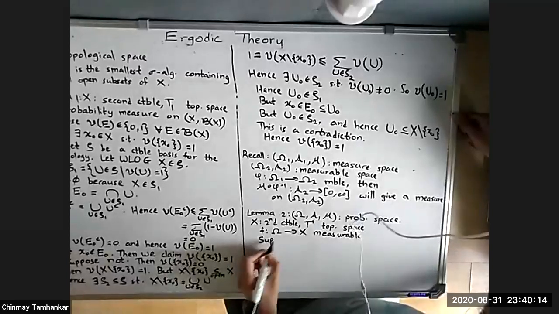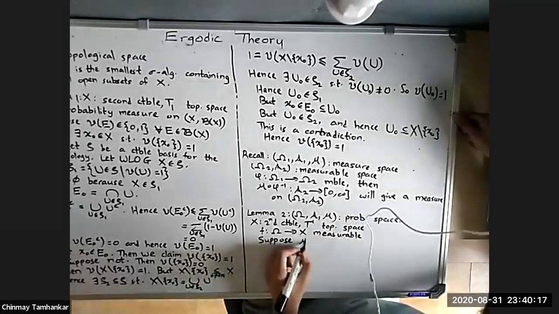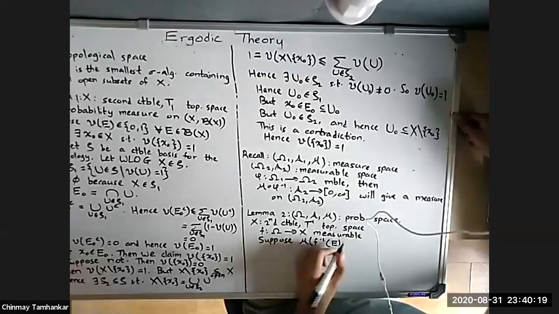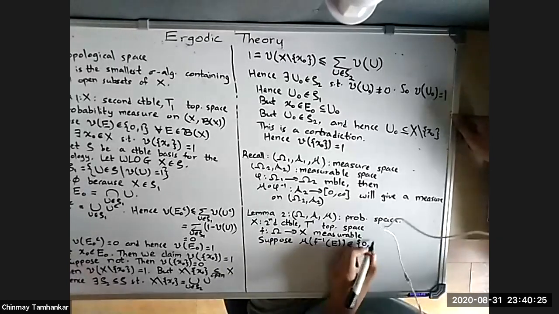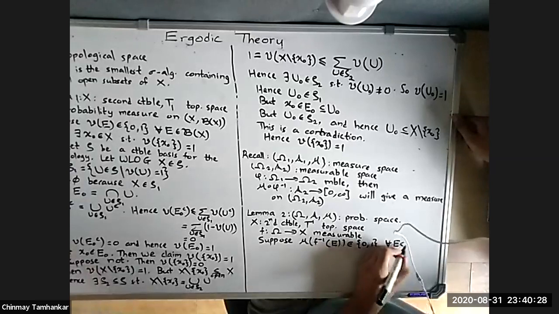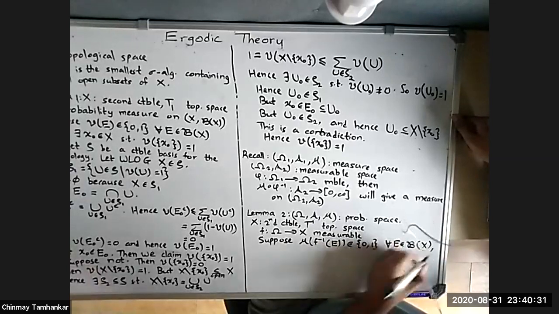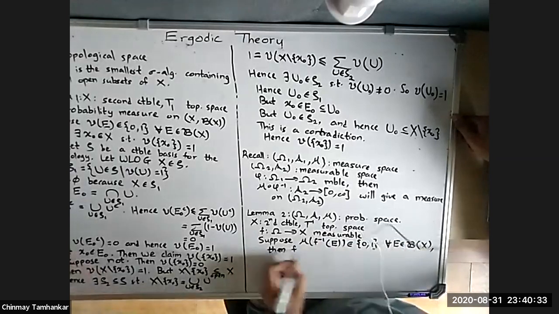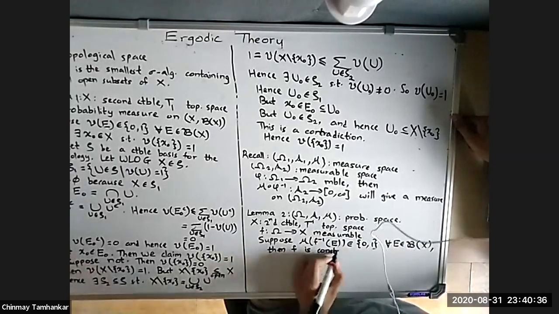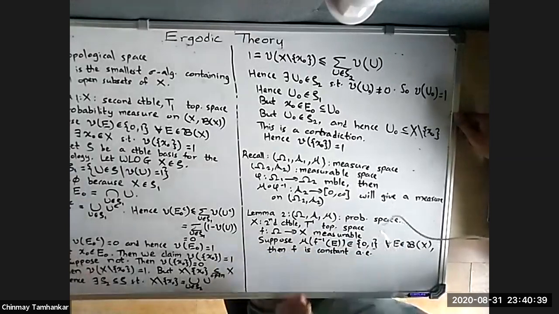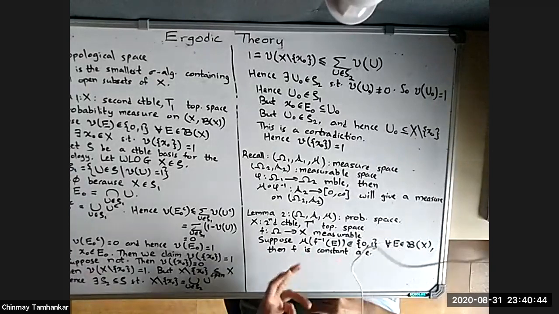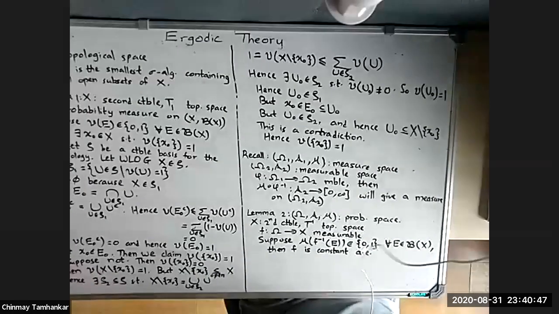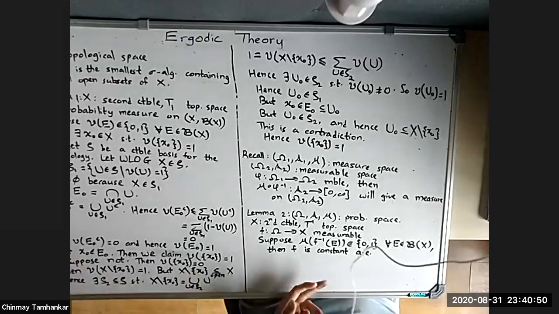Then suppose the measure of f inverse of E is either 0 or the whole thing for any measurable subset E of X, then we have that f is constant almost everywhere.